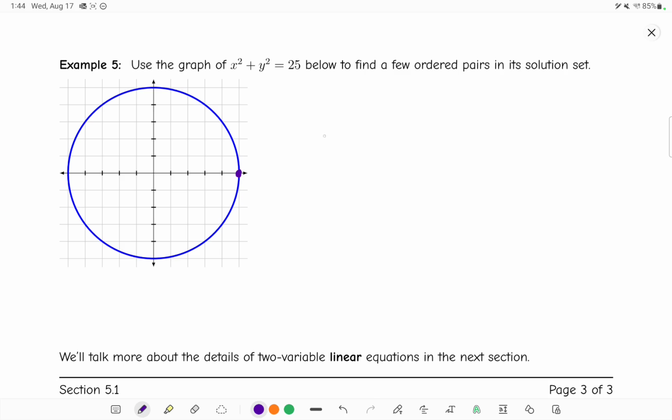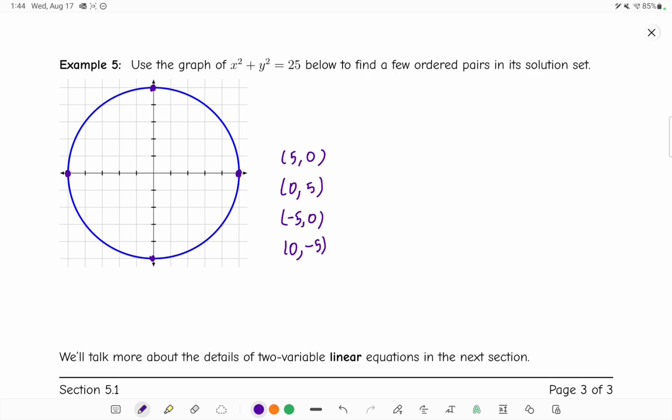So that means 5, 0 is a solution to the above equation. We also have 0, 5, -5, 0, and 0, -5.